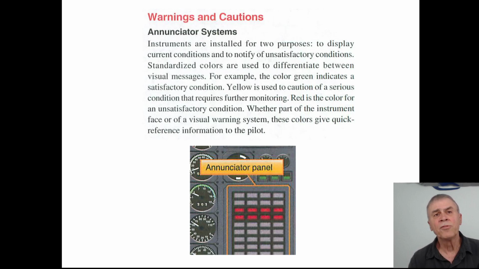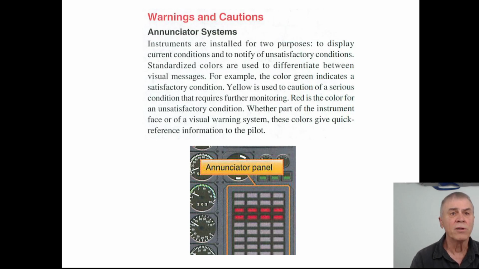Annunciator systems. Instruments are installed for two purposes: to display current conditions and to notify of unsatisfactory conditions. Standardized colors are used to differentiate between visual messages. For example, the color green indicates a satisfactory condition. Yellow is used for a caution of a serious condition that requires further monitoring.